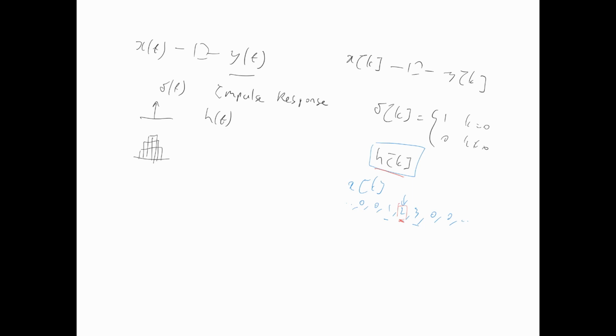So in response to a 2, we're going to get out its impulse response: h -1, h0, h1, etc. will be my output. Of course, I need to scale it by the factor of 2, so I add a 2 in front of the terms here.